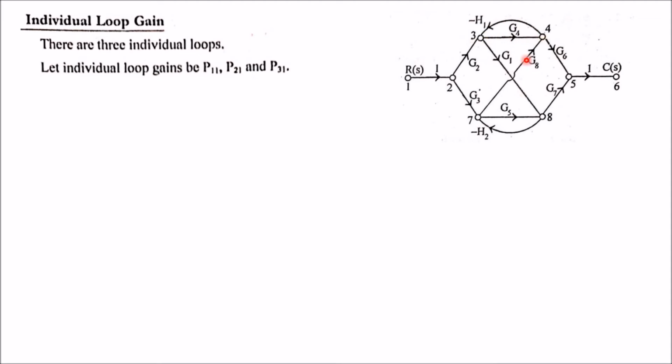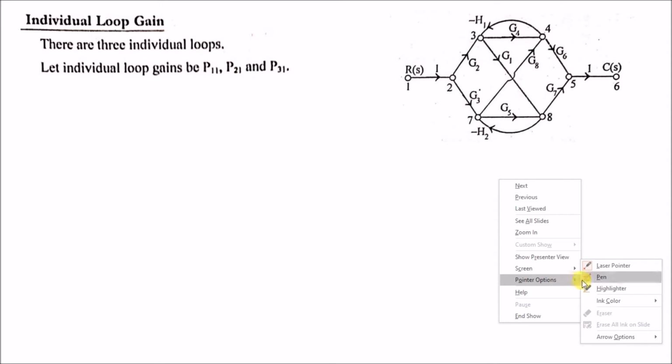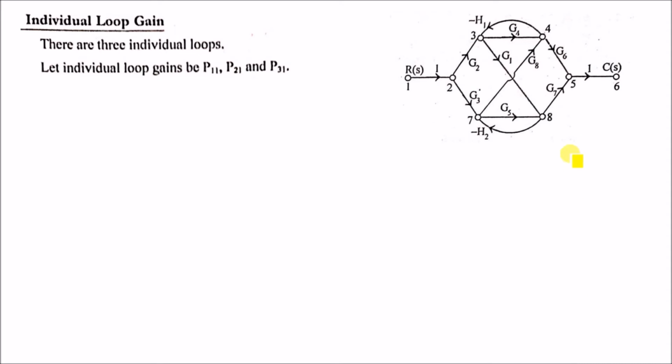So this is a loop. Similarly, if you go from 7 to 8, then come back through H2, this is another loop also. Yes or no? Can you find some more? Yes, I am finding one. Instead of going to some other place, let me start from node 8. I will highlight it so you will understand better.